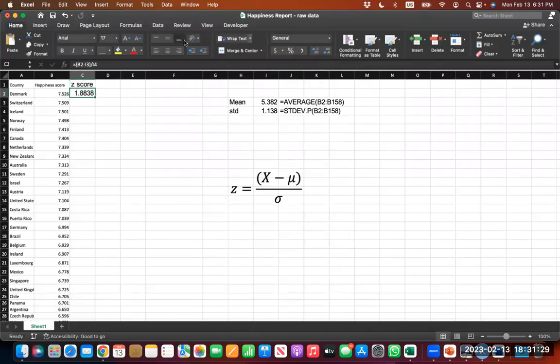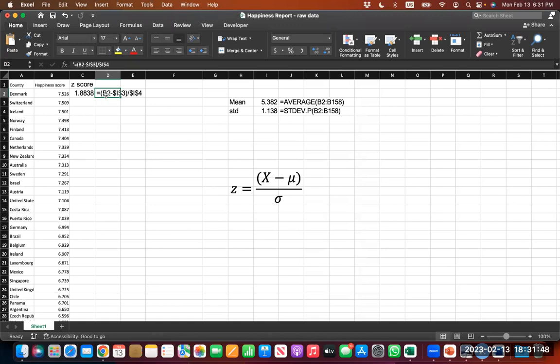So if we are now locking in the reference values we don't want to change, we're locking in $I$3 and $I$4. And that's the final formula that we need.